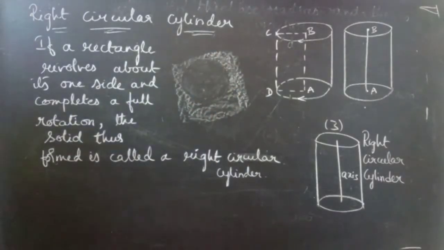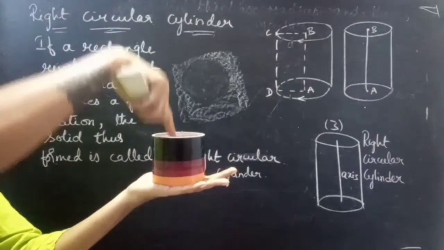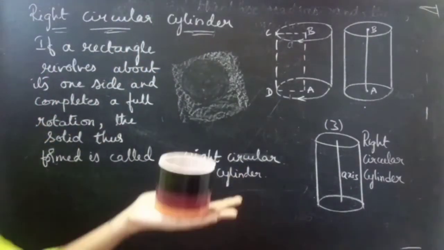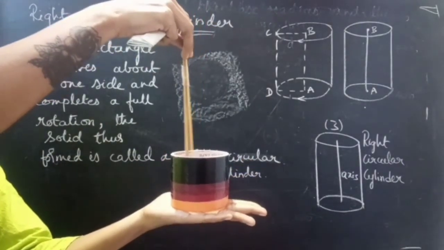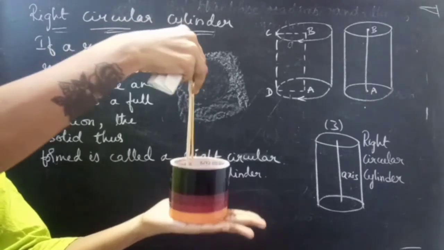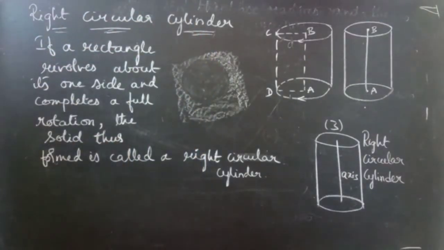So this cylinder, whose base is exactly perpendicular to the axis, is called a right circular cylinder.